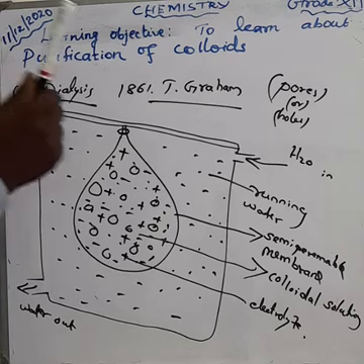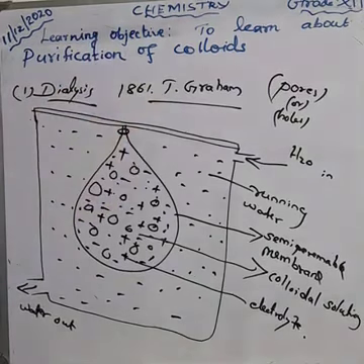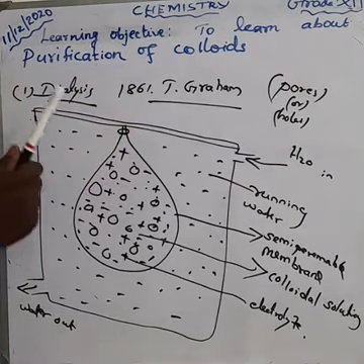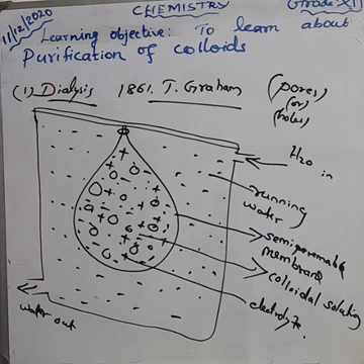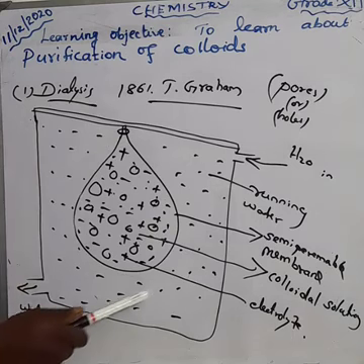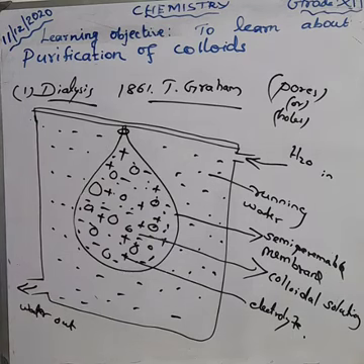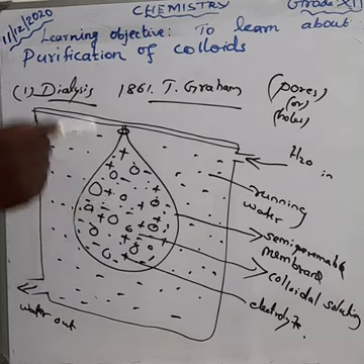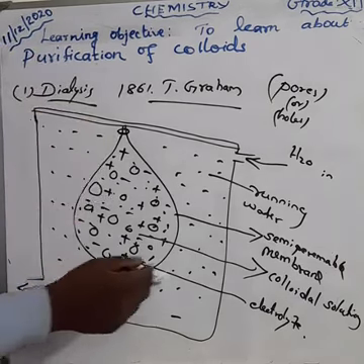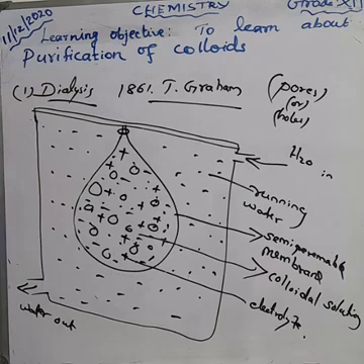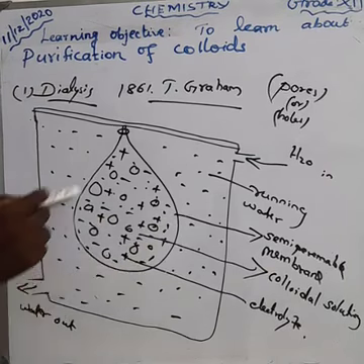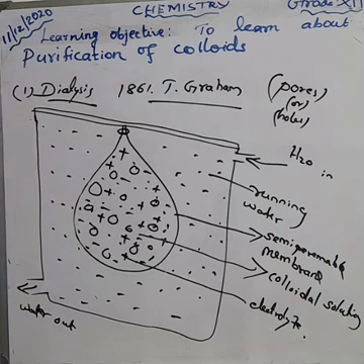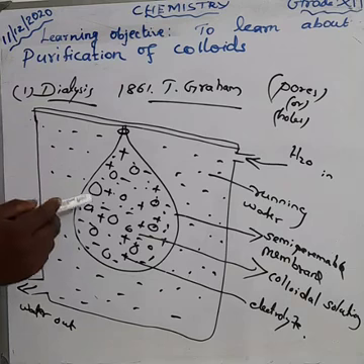In 1861, T. Graham separated the electrolyte from colloids using a semi-permeable membrane. In this method, the colloidal solution is taken in a bag made up of semi-permeable membrane, suspended in flowing water.